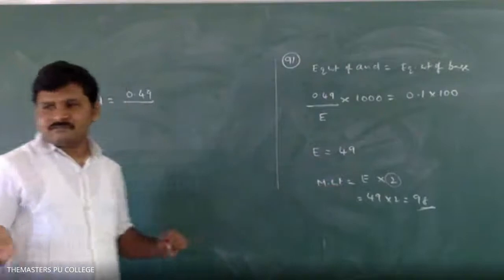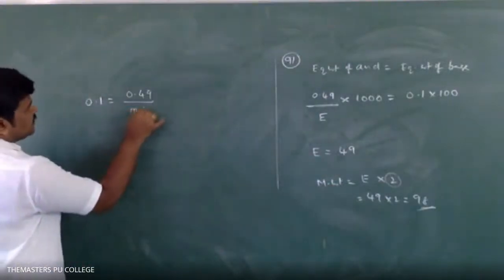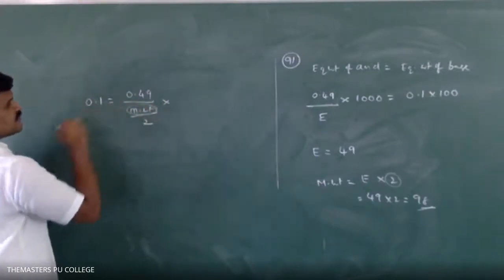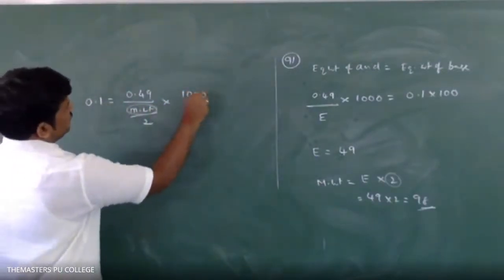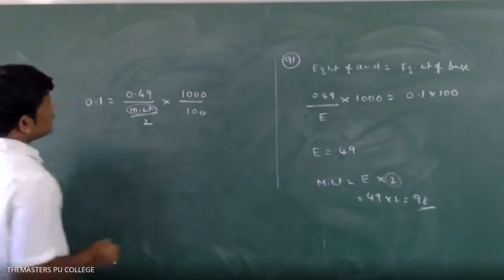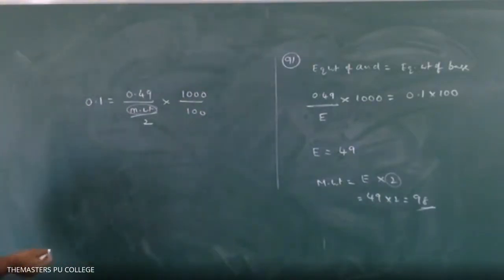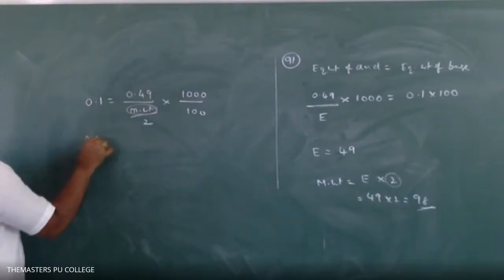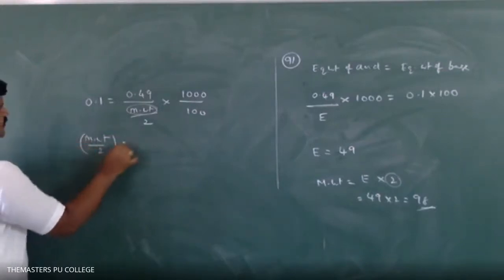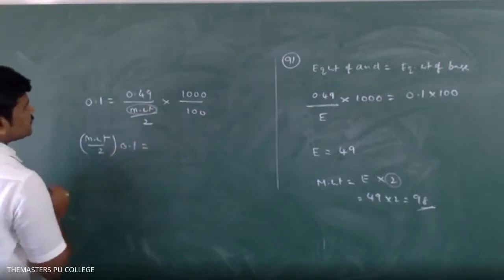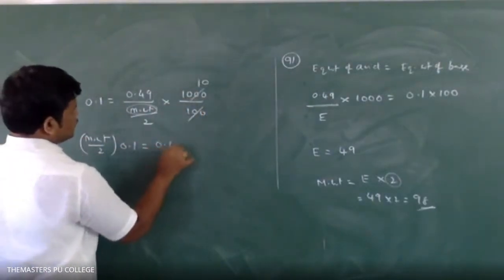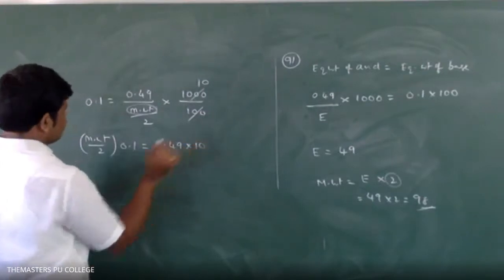Molecular weight by 2, into 1000 by 100. So molecular weight by 2 into 0.1 is equal to 100 times 0.49 into 10.